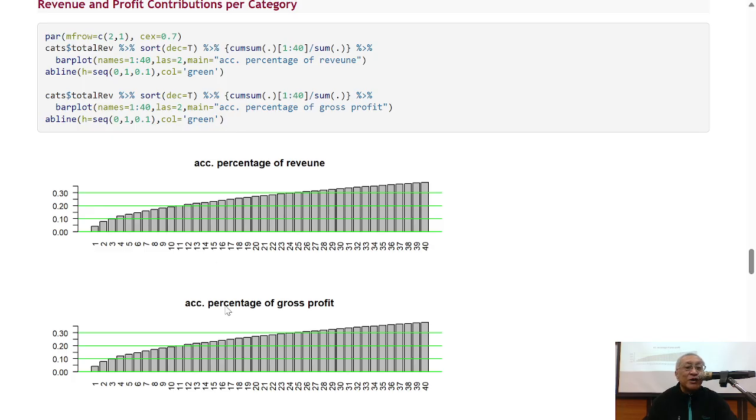So this is for revenue, and this one I actually compare the gross profit, right? Okay, so again I do the calculation, and this time it looks like the code is the same, right?